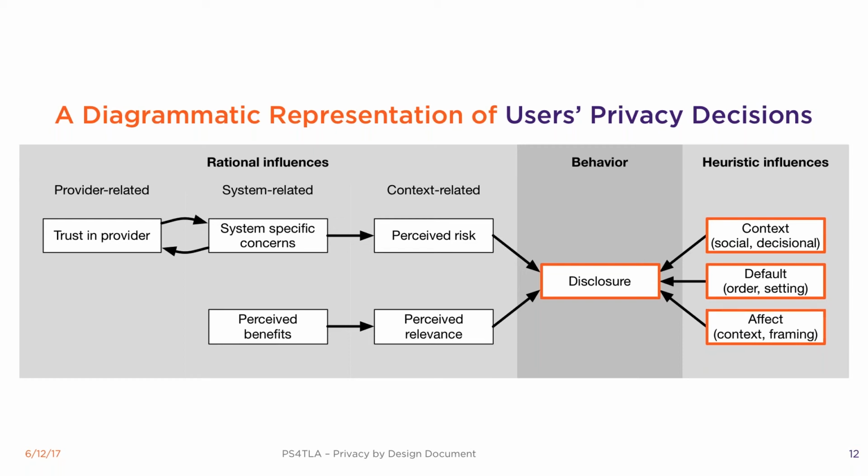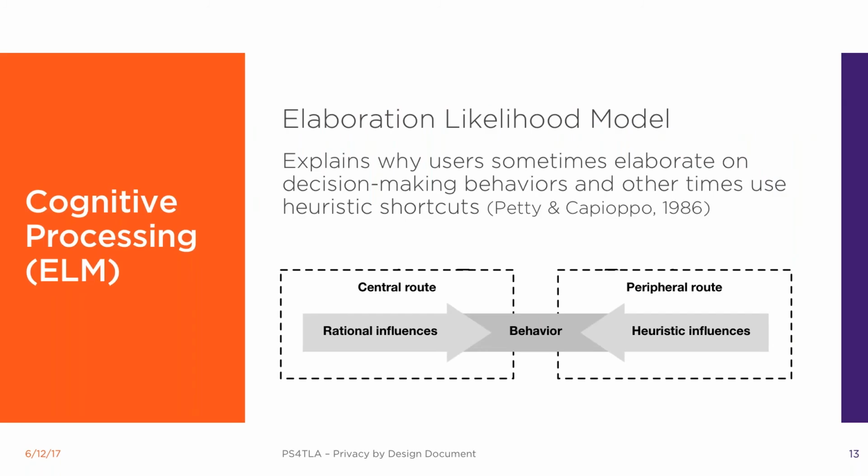All right, so it's good to ask ourselves, why do users sometimes elaborate on their decision, so make rational decisions, and at other times the influences are much more heuristic? Because that seems to vary. Well, the reason why this varies is explained by the elaboration likelihood model, which argues that people may at certain times be more or less likely to use either a central route of information processing, in which they are more influenced by rational influences, versus a peripheral route of processing, where they are more influenced by heuristic influences.